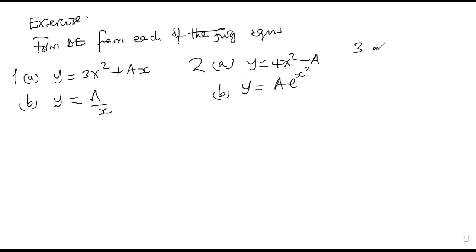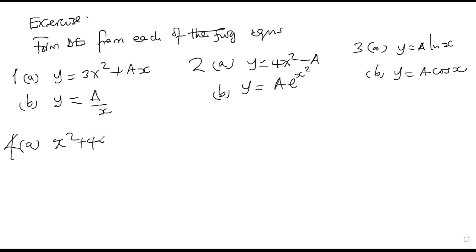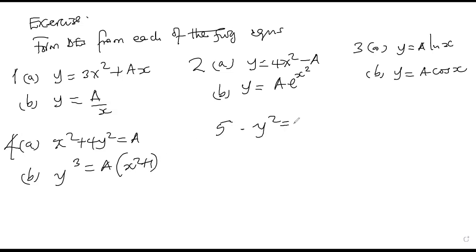Number 3a is y is equal to a ln x, while b is y is equal to a cos x. Number 4 is part a, x squared plus 4y squared is a, while part b is y cubed is a x squared plus 1. Number 5 is y squared is equal to xy plus a.